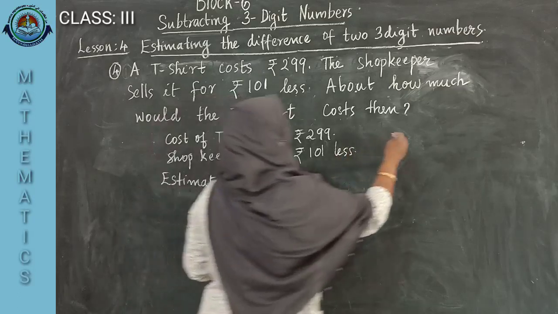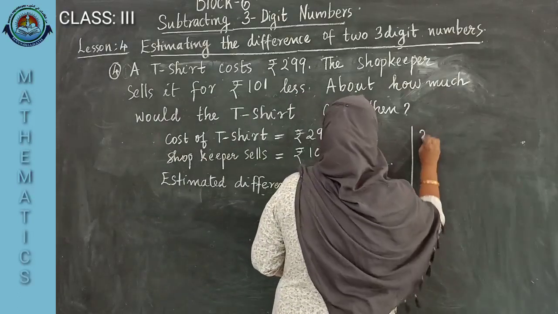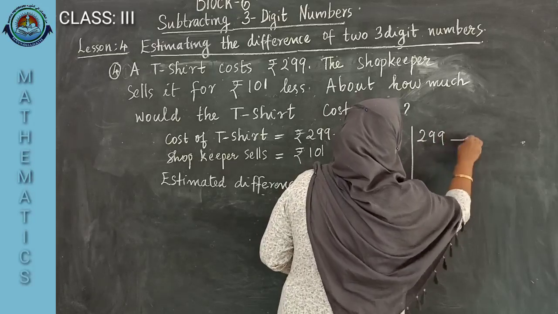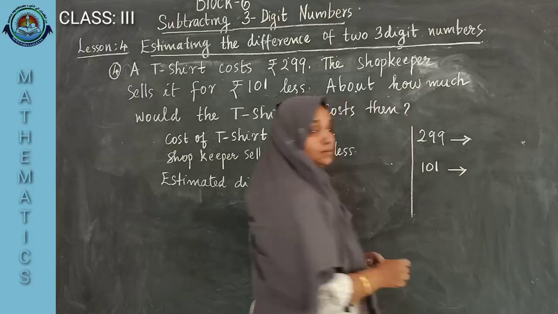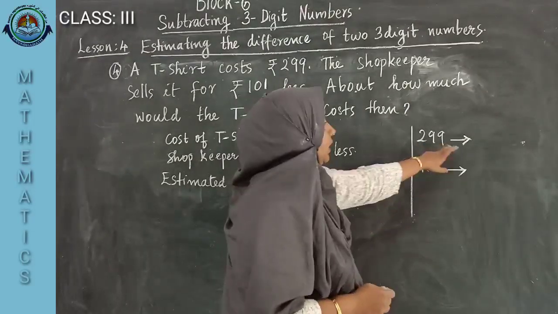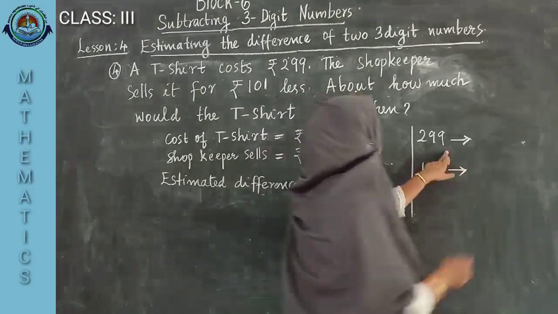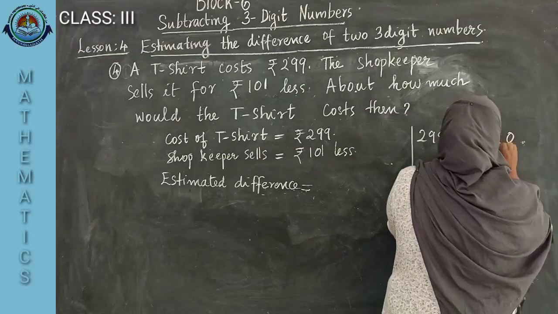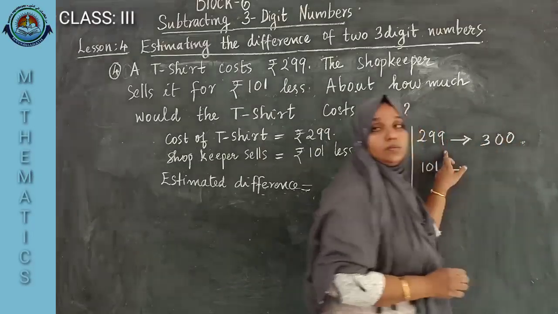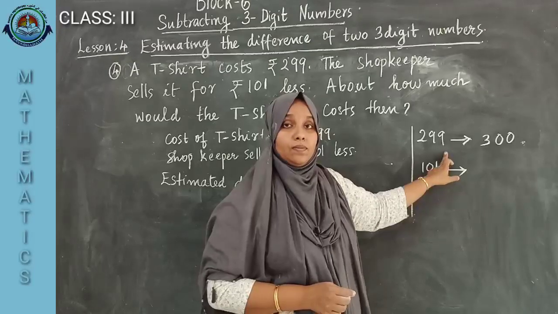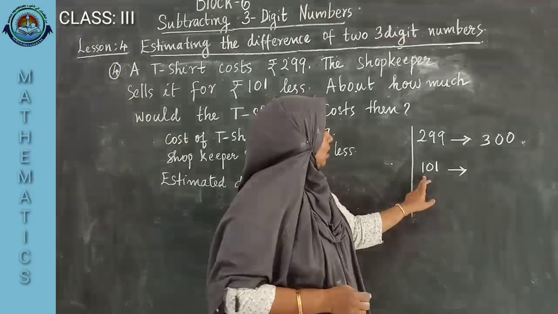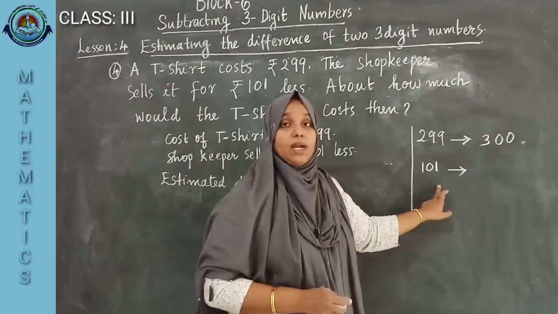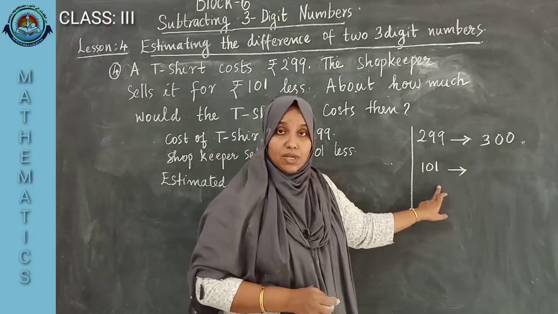So children, we have to round off these numbers to the nearest 100 first. 299, how to round off that? It is 300. Then you do 101 alone, rounding off to the nearest 100.